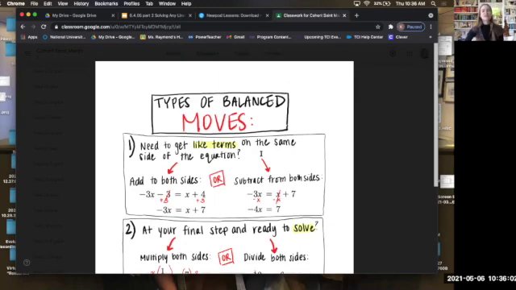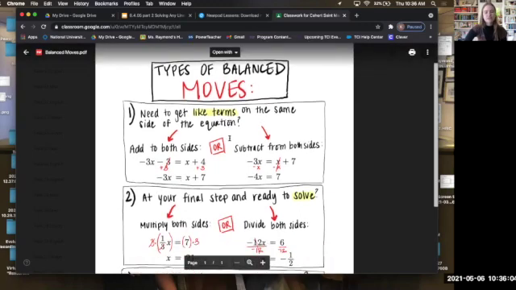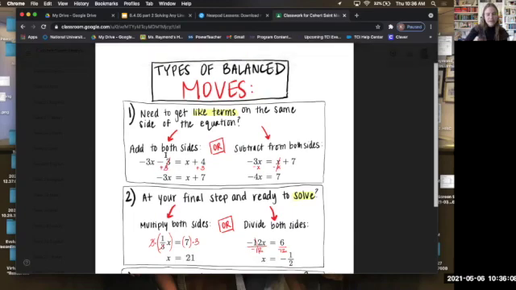So, types of balanced moves. What we mean when we're saying balanced moves is that what we're doing to one side, like right here, adding 3, we're also doing to the other side to keep that balance. So for this equation, negative 3x minus 3 equals x plus 4, we want to eliminate this constant of 3, because we like it when we have our x's on our left side of the equation and our numbers, our constants, on the right side.